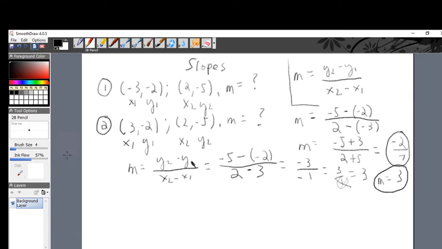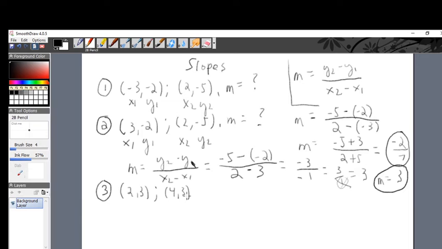Now, let's go see some exceptional, strange cases of slope. I'm going to put up 2 strange questions. What if you're asked to find the slope between 2 comma 3 and 4 comma 3?